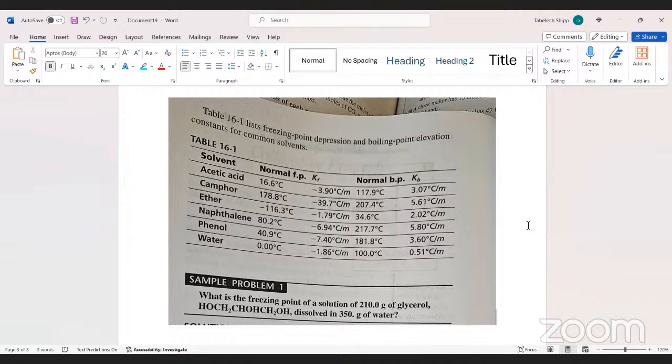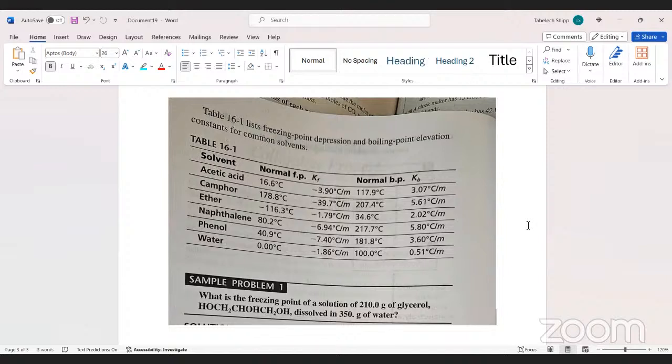So today's lesson deals with molality and colligative properties, okay? So in case you're wondering, what are colligative properties? Colligative properties are basically those things that depend on the concentrations of solute particles and the solvent. So when you think about a solute versus a solvent, you're actually looking at the two.